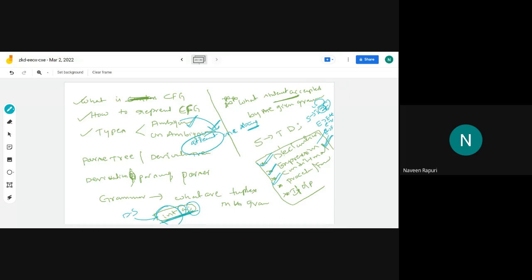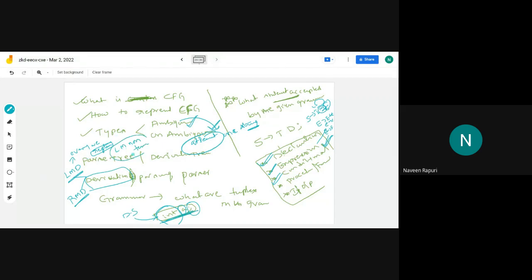For constructing the parse tree, we need to write the derivation. The derivation has two formats. One is LMD, another one is RMD. LMD means leftmost derivation, RMD means rightmost derivation. In LMD, every time we replace or reduce the leftmost non-terminal.